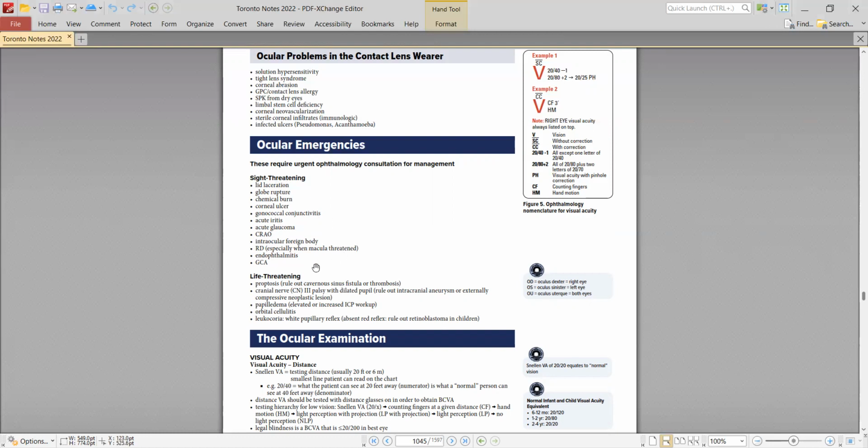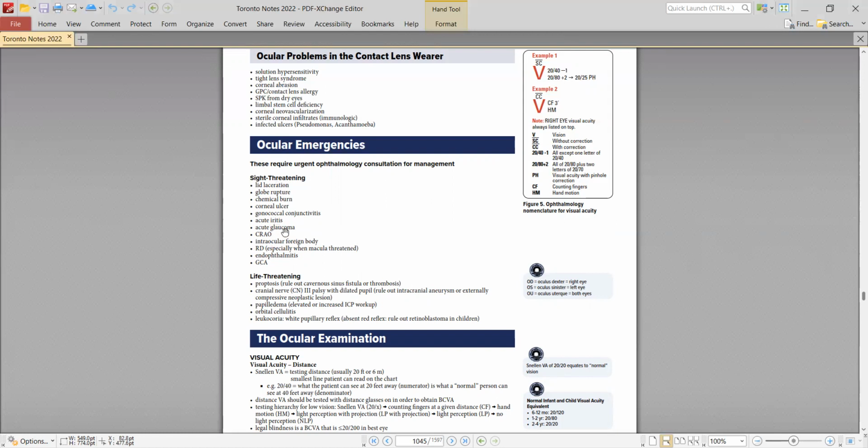In this sight-threatening group, gonococcal infection is very, very important because it can even occur in a newborn baby if the mother is untreated for the gonococcal infection. Gonococcal is an STD, right? So if the mother has delivered a child, that child can have gonococcal conjunctivitis. The baby passes through the birth canal, which is contaminated, so the baby gets the infection because this is an infection of the genital area.